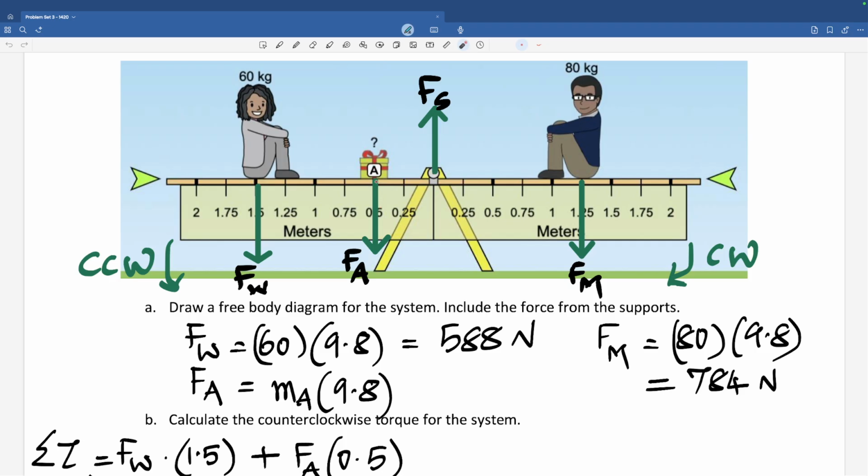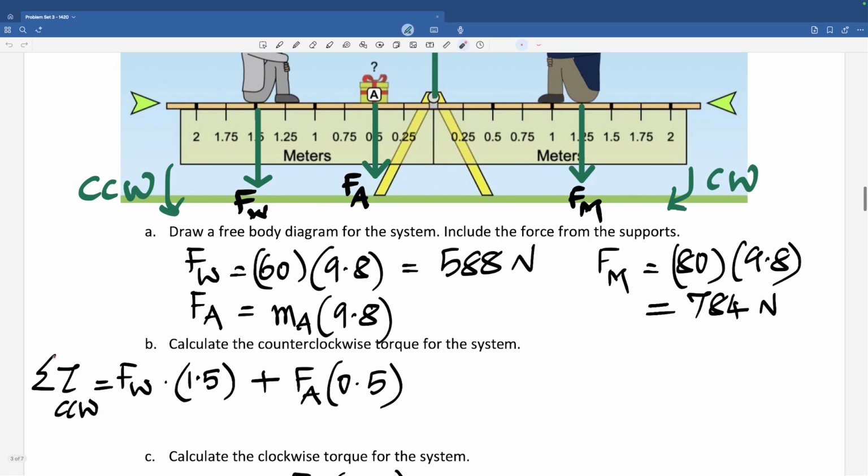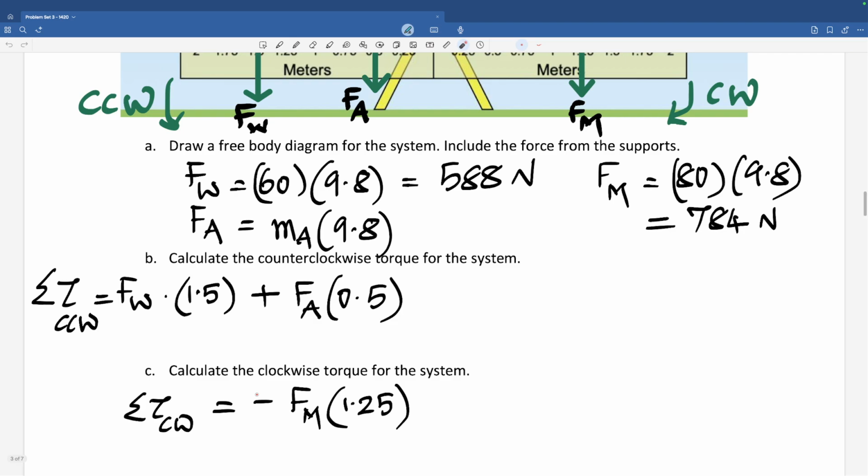Plus, you also have F sub A times 0.5. So that's the total counterclockwise torque. Now this symbol, sigma, stands for total or net. And this symbol stands for torque. In Greek it's tau, T-A-U, tau. I know, you have to learn Greek as well. So that's the total counterclockwise torque.